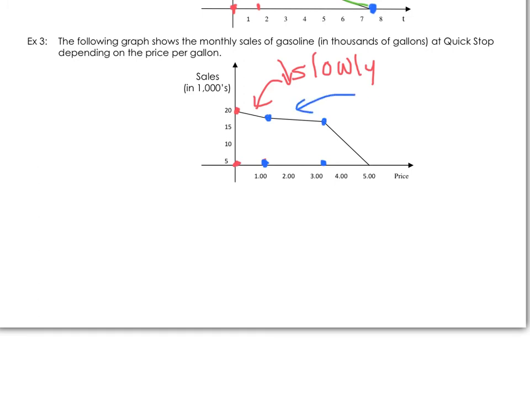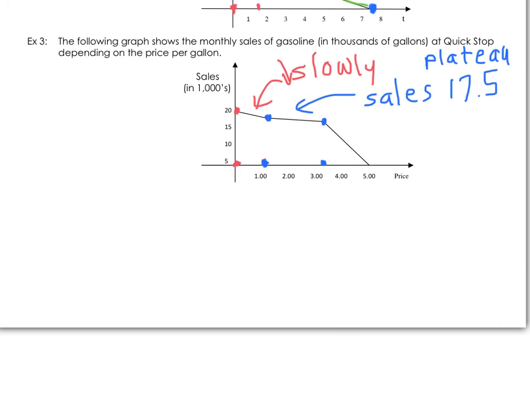there, the sales, what are they? They're about 17,500 gallons. The sales, I'm going to use the word plateau. They stay about the same, right around 17,500.